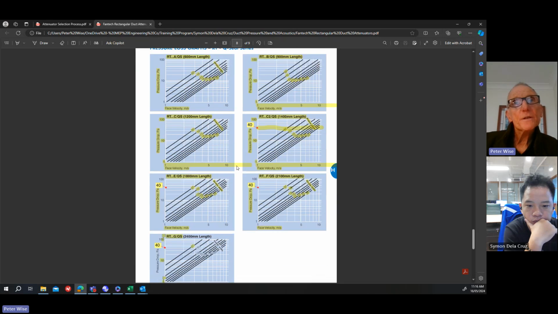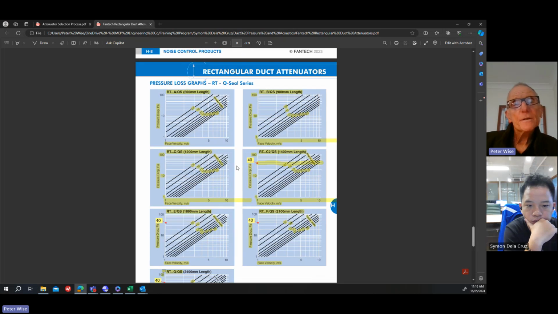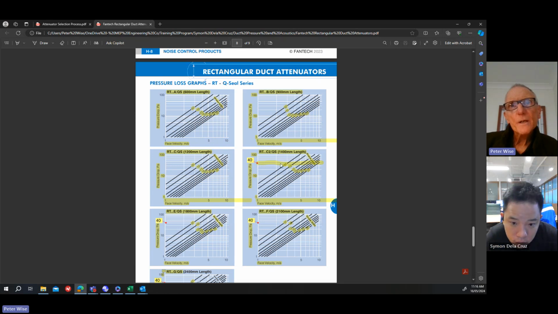There's some graphs where we can work out the size of the attenuator. If we're looking at the 07C2, so we go to C2, this one here, and I've just marked on here where the 40 pascals is. If you make that your maximum, you go across to the 07 line and you get a face velocity of about 3.